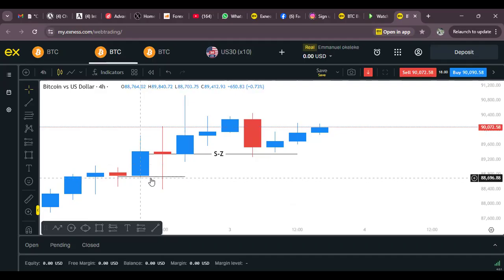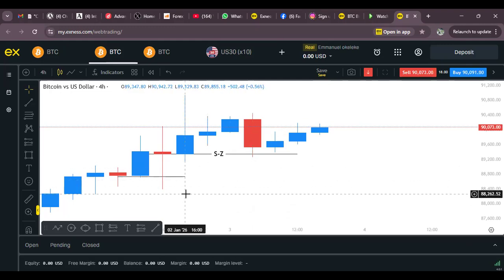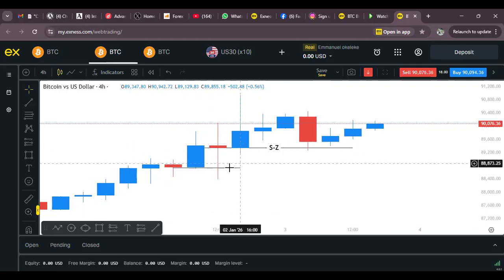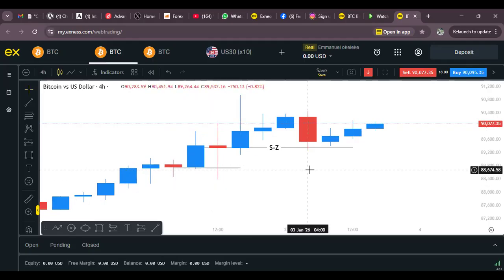That means it rejected both of the zones, zone 1 and zone 2. It rejected this zone and this zone. Then it closed above them. What do you do in a situation like that? Is that your question? Yes, that's my question.